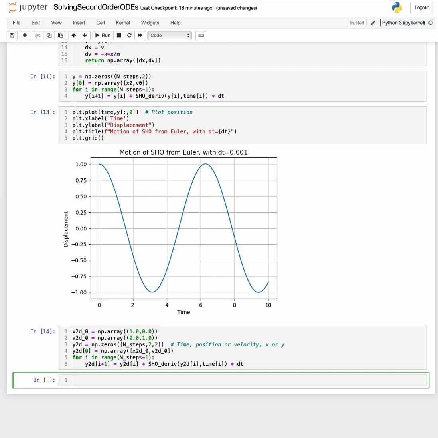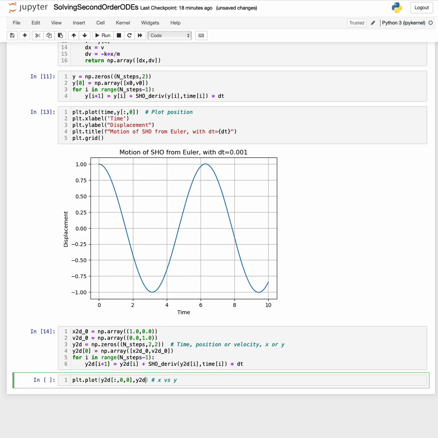Well, let me first of all start by plotting x against y. So plt.plot, let me just put a little note here, x versus y. So I want y2d of, I want all time steps, so that's colon. I want position rather than velocity, so that's 0. And then I want the first variable to be x, so that's 0.